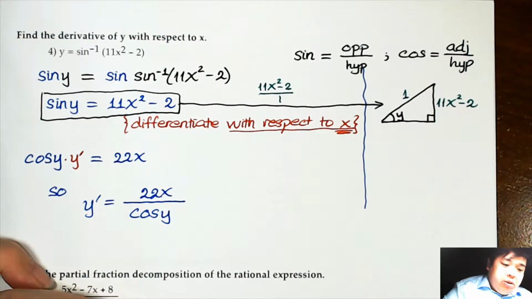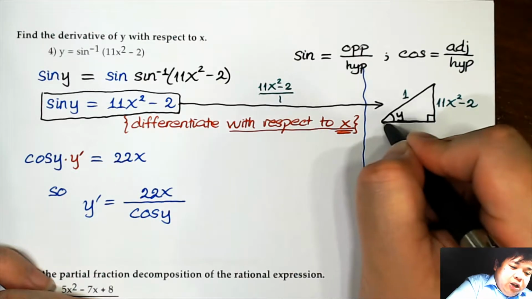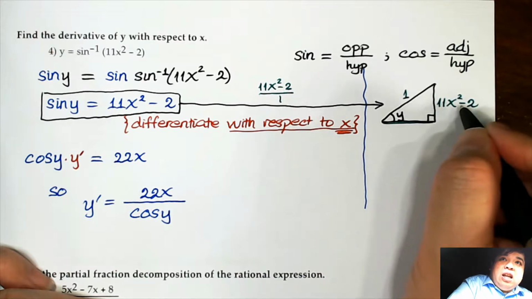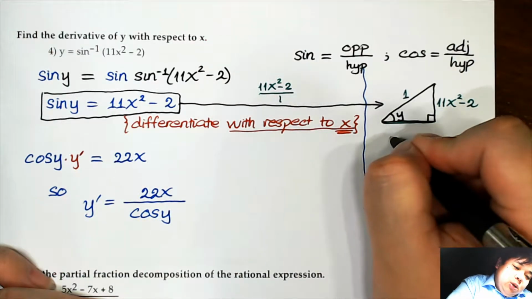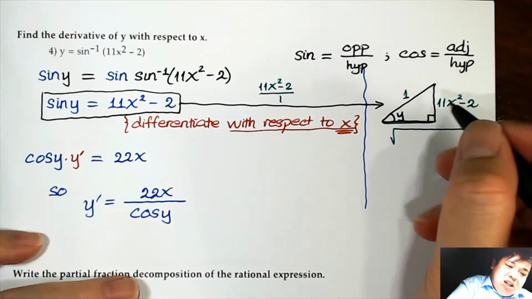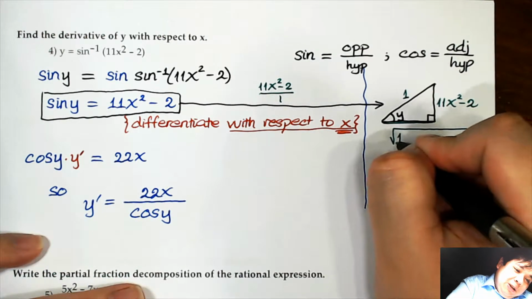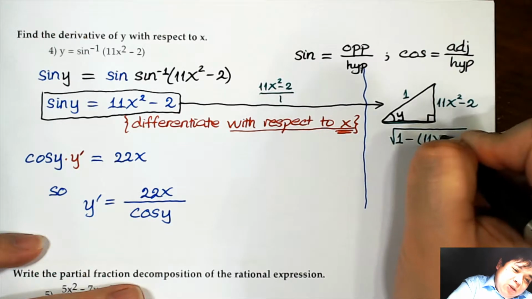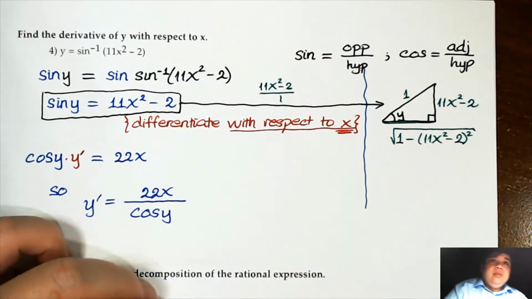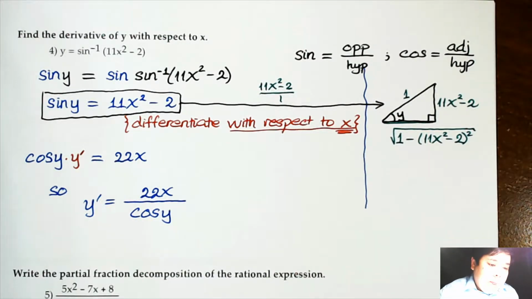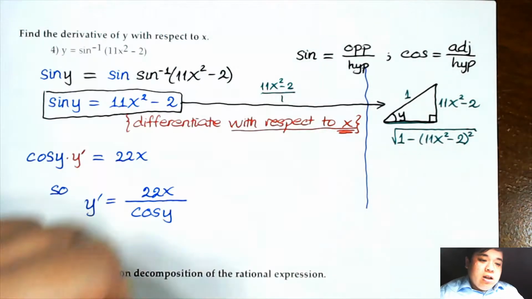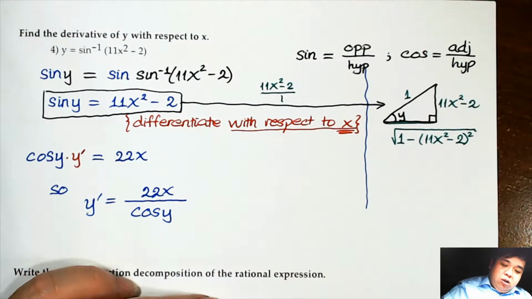By Pythagorean theorem, we can find the adjacent is equal to the square root of 1 squared minus (11x squared minus 2) squared. It should be plus or minus, but let's just keep on the positive. So that is the adjacent. I'm sorry, not the hypotenuse, that is the adjacent.